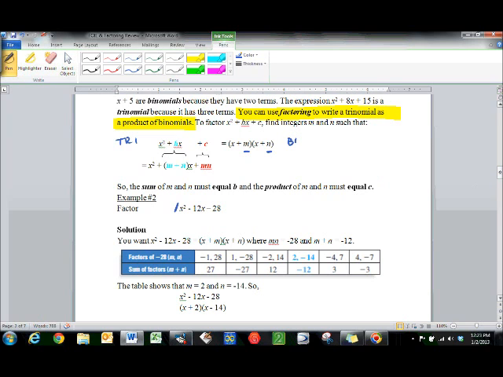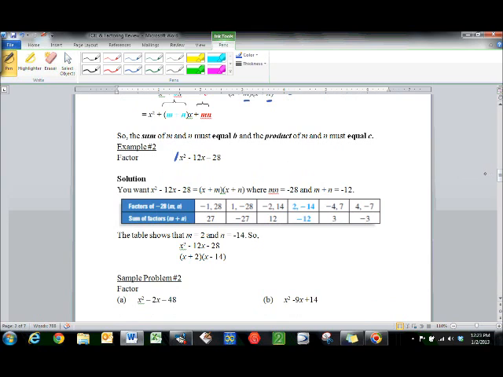So here, if you look at this first example, example 2, we have the value negative 28. We want to come up with all of the possible combinations of numbers that would multiply together to give us a value of negative 28. If we did this in table form, you could see here we've come up with all of the factors of negative 28.